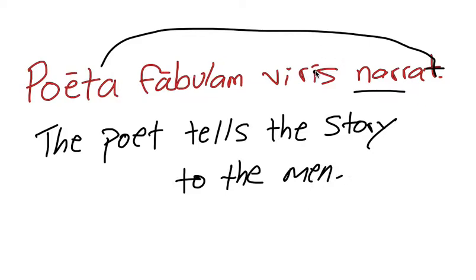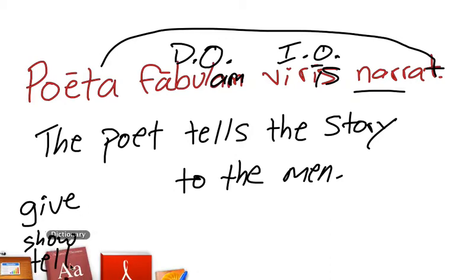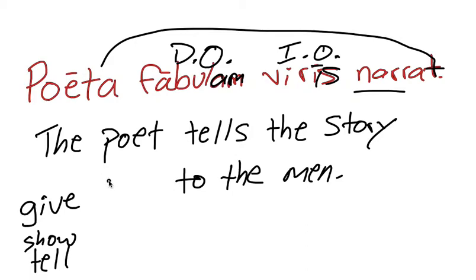So viris is dative plural, so it's the indirect object, and fabulam is accusative, so it is the direct object. So an indirect object is always put into the dative case, and it's used with verbs that mean give, show, or tell. And so you give something to someone, you show something to someone, or you tell something to someone.